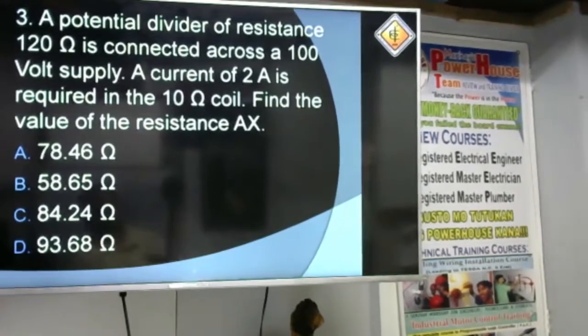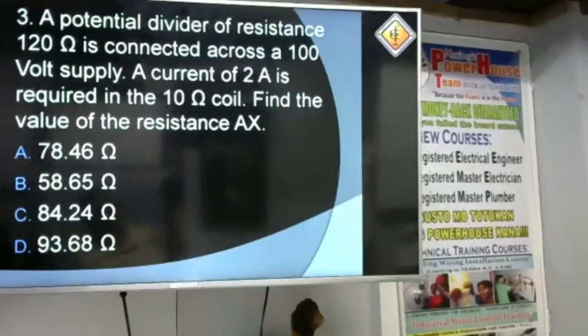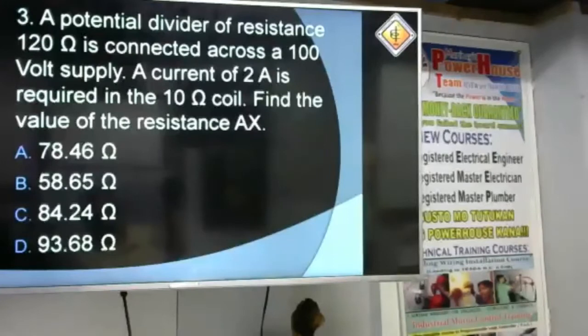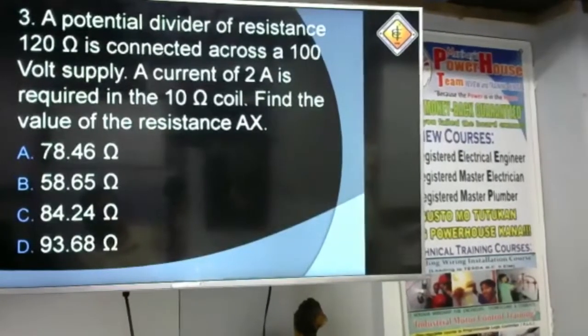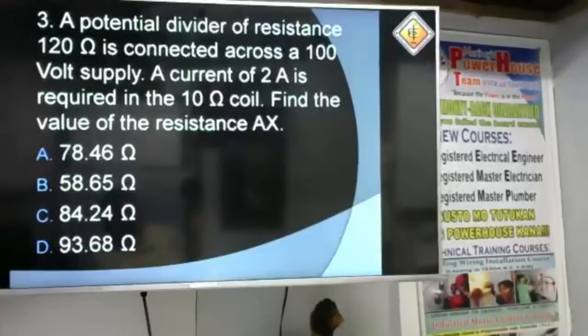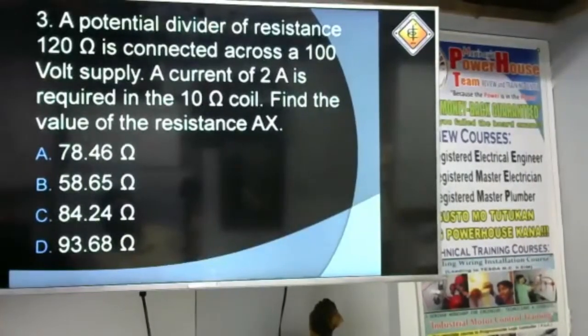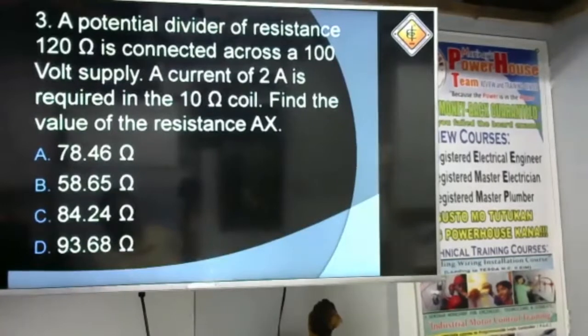A current of 2 ampere is required in the 10 ohm coil. So, where is the 10 ohm coil? That is our load resistance here. Again, a current of 2 ampere is required in the 10 ohm coil.